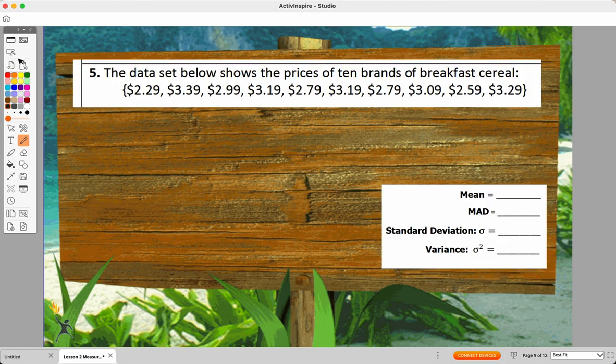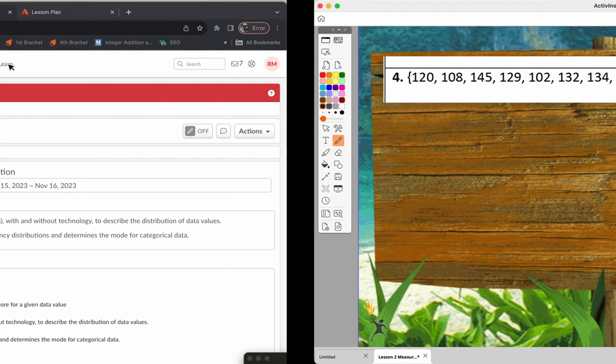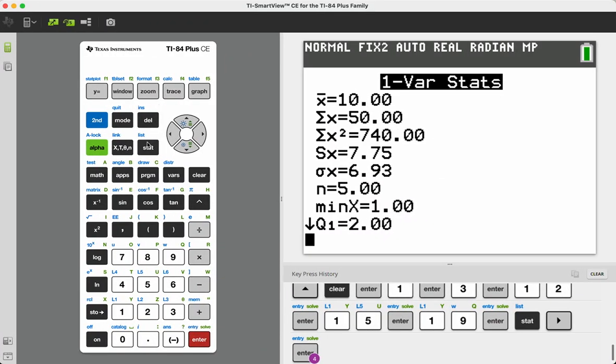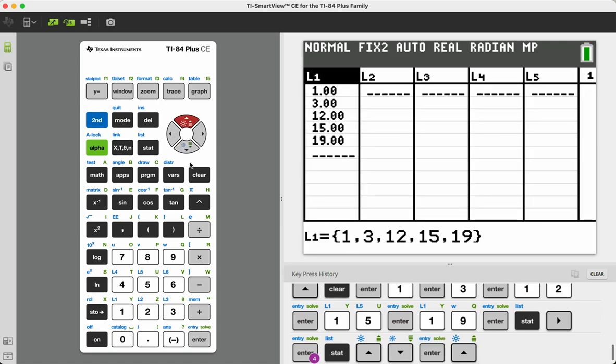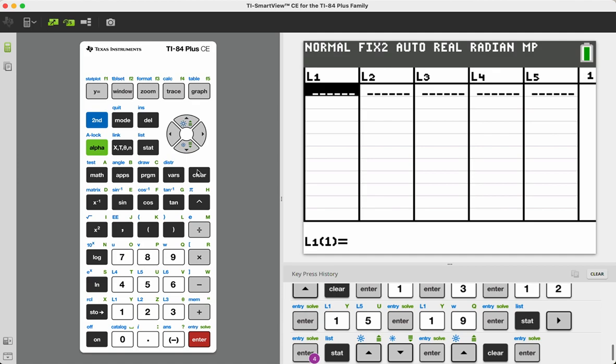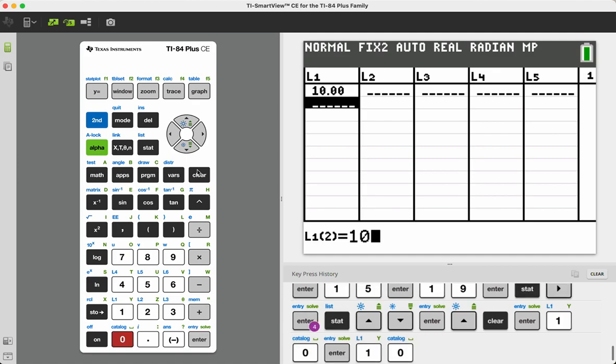All right, now that you've done all that information, let's jump over to our handy dandy calculator one more time. It's really going to be your best friend. We're going to clear this list again. Typed all our data in: 120, 108.